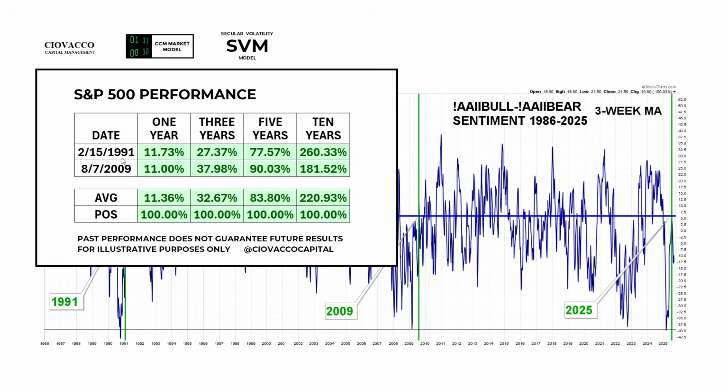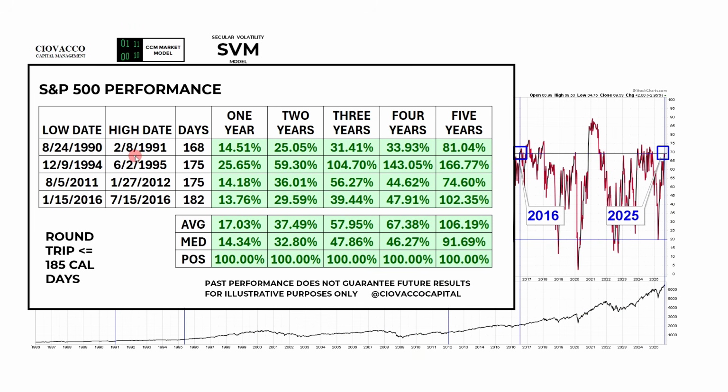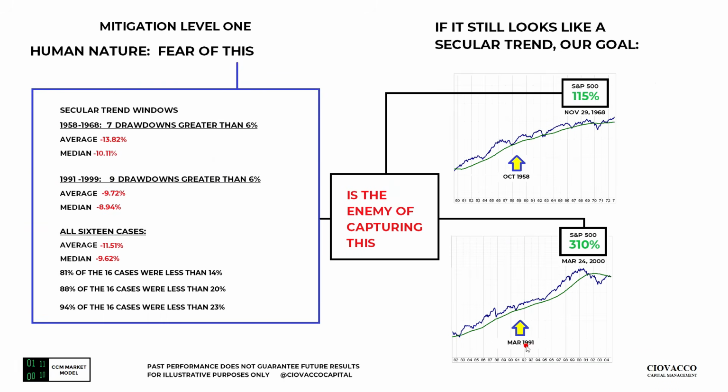And it's noteworthy that one of the signal dates that we just covered was February 15th, 1991. Another signal was triggered on February 8th, 1991. That's similar to the date that we identified earlier this year. Based on past secular trends and market structures, we said the present day was similar to March of 1991 and October of 1958.